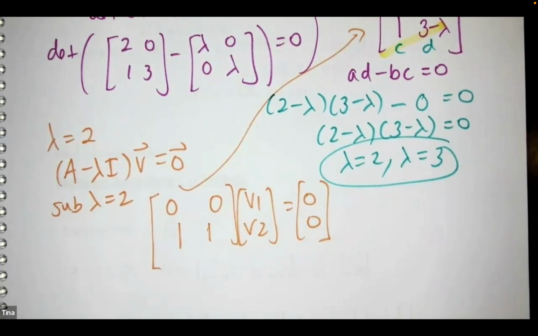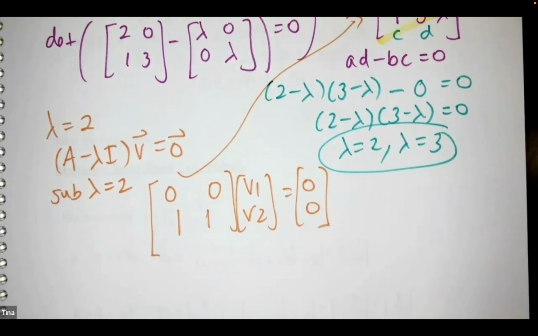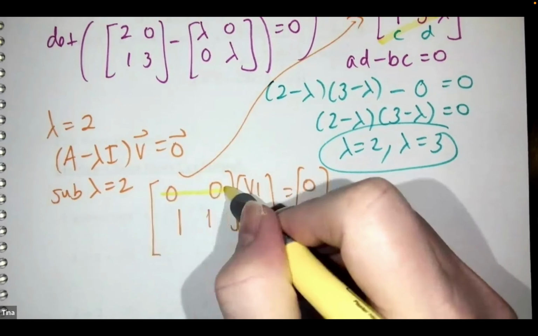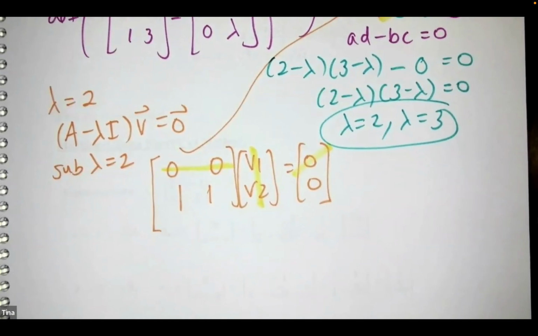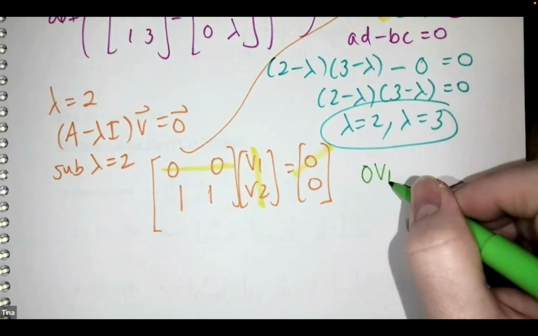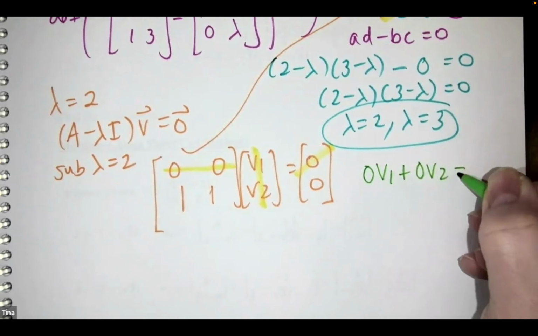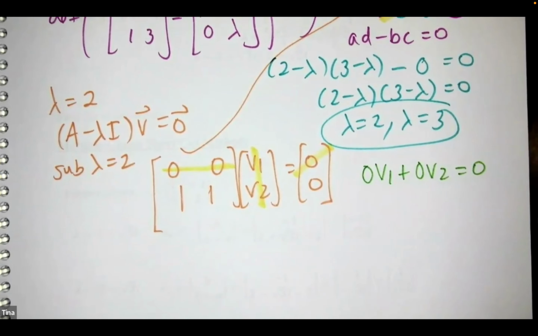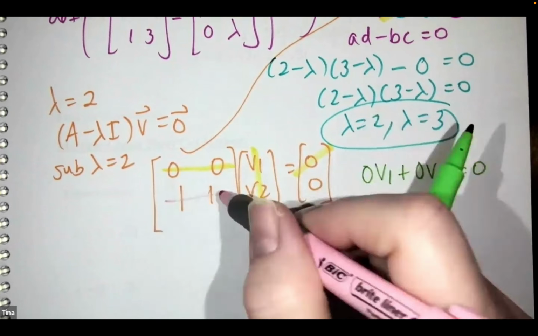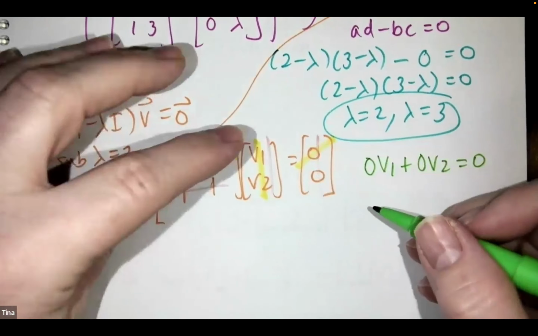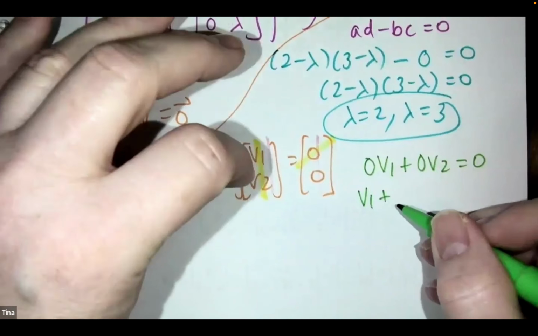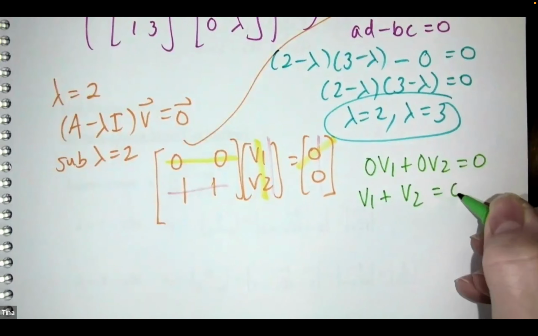And then V is just vector V1, V2, equals the 0 vector. So what does each row tell us? The top row dot that vector tells us 0 V1 plus 0 V2 is 0. The bottom row tells us 1 times V1 plus 1 times V2 is 0.